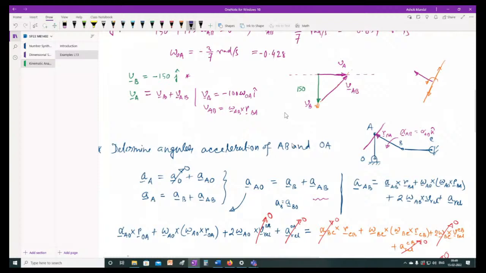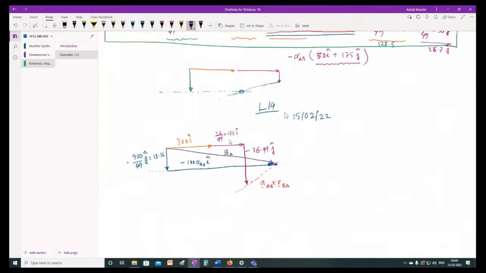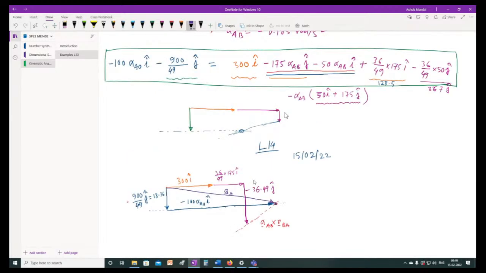That change you cannot find out from the same graph. The moment the crank angle changes, this diagram will also change. So for each crank angle, you have to draw this diagram to calculate the desired accelerations, for each configuration of the mechanism.